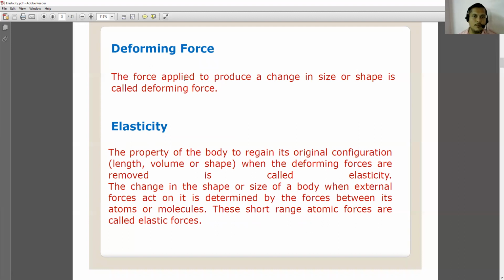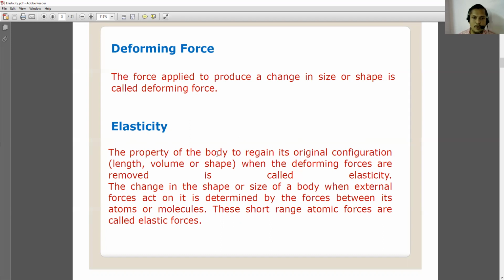So first is deforming force, where we apply a force to produce a change in size and shape of the body, that is called deforming force. What is meant by elasticity? The property of the body to regain its original configuration, that is length or volume or shape, when the deforming forces are removed, is called elasticity.